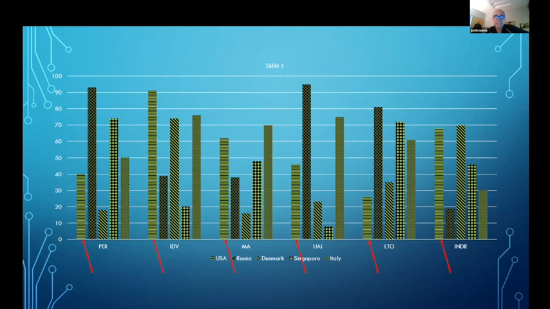Fourth one, uncertainty avoidance. Again, Russia very high, Denmark fairly low, and the US kind of in the middle. Last two, long-term orientation.